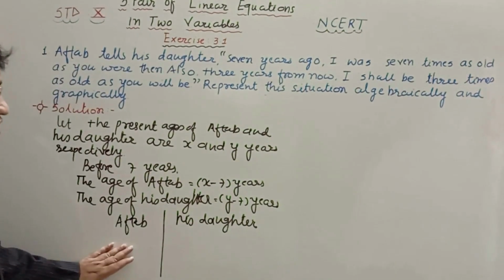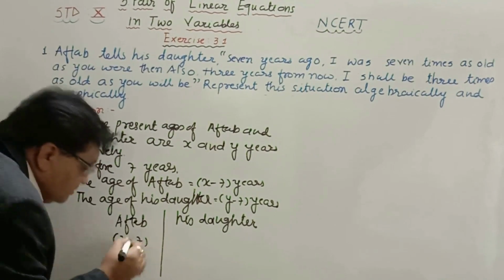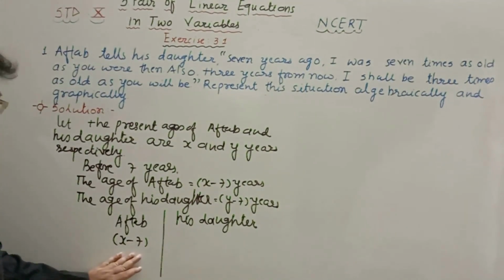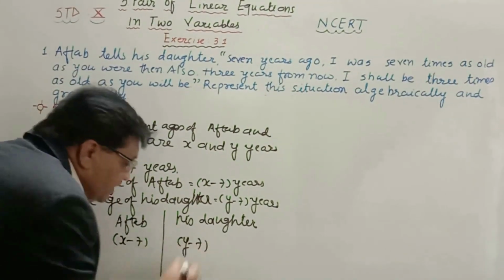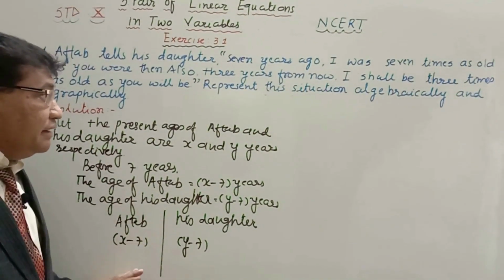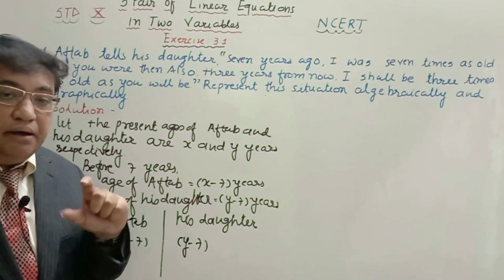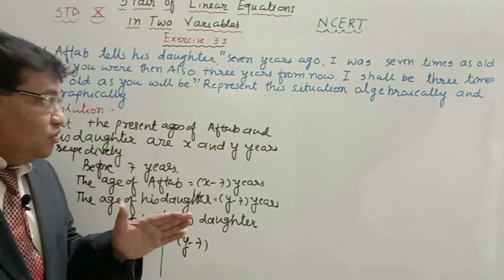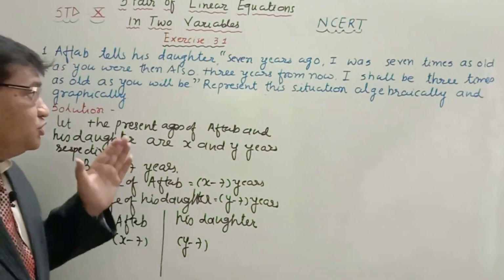According to given condition, the age 7 years ago, the age of Aftab 7 years ago and the age of his daughter 7 years ago. The age of Aftab was 7 times than compared to his daughter. 7 years ago, I was 7 times as old as you were.